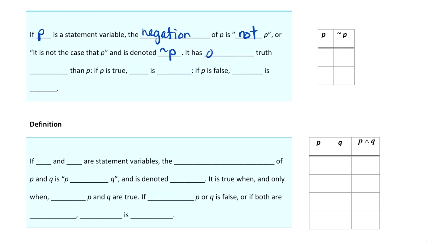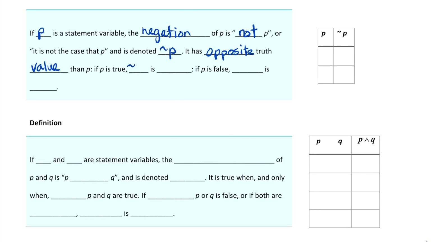It has the opposite truth value than P. If P is true, not P has to be what? False, because in order for you to have a statement, it can only be one or the other, right?